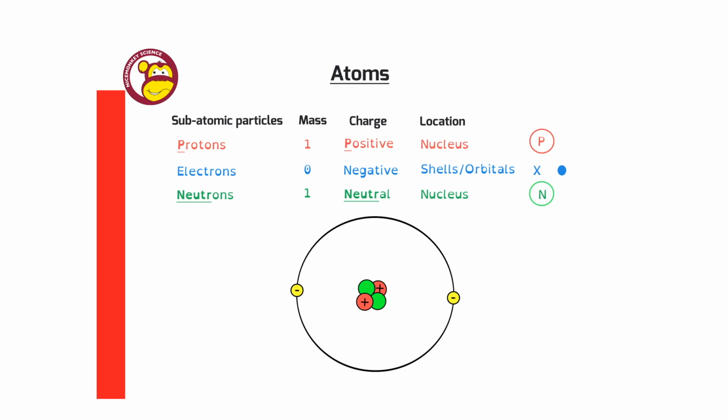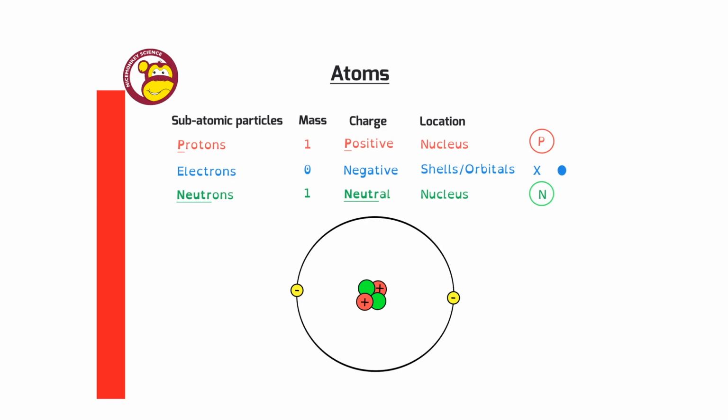The third particle found within the atom is a neutron. The way I remember the charge of neutrons is they are neutral neutrons. The beginning of the word neutron is the same as neutral.